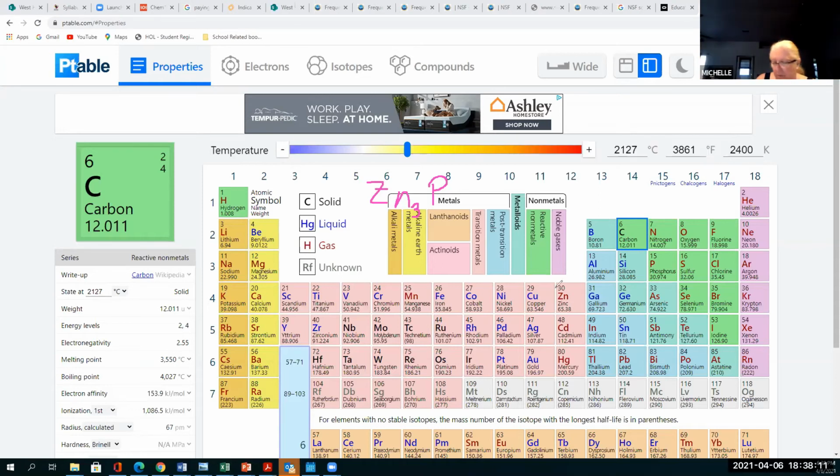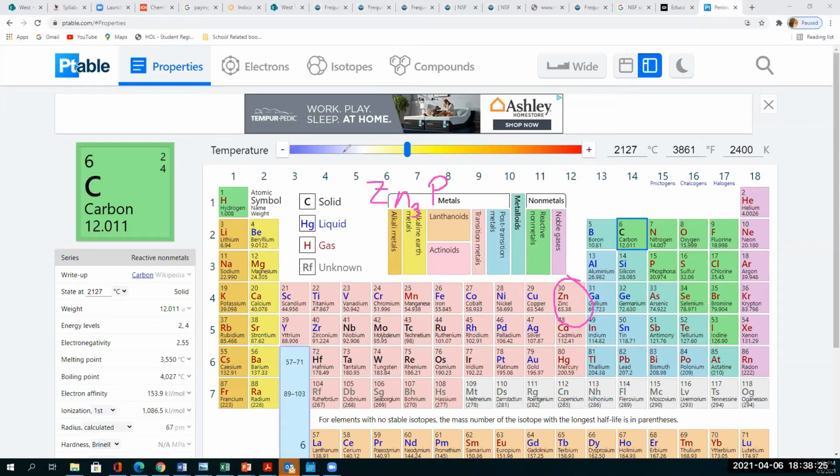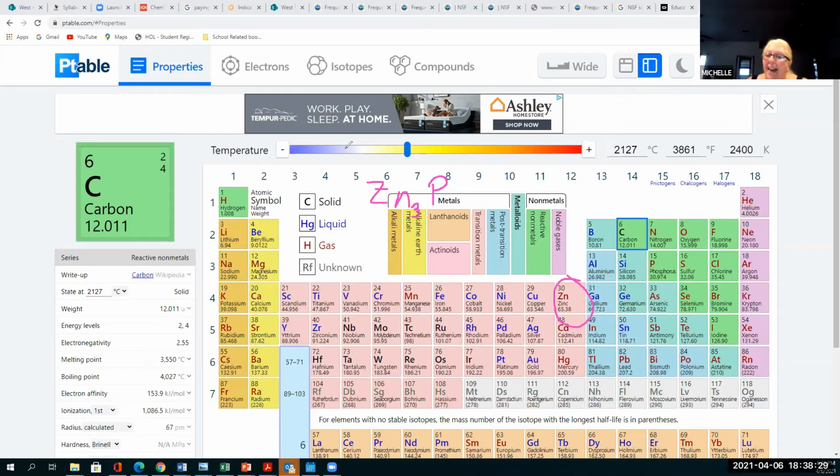So zinc would have to be a negative charge. Each zinc would be a -1. Are you sure? It's a positive charge, so it can balance out phosphorus, right? Oh, I'm sorry. Yeah, positive. Okay. So we have 3 zincs, so each one would be a positive.